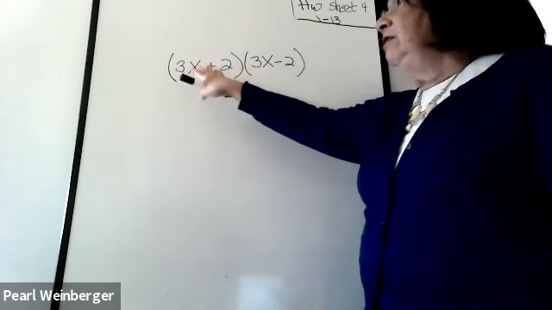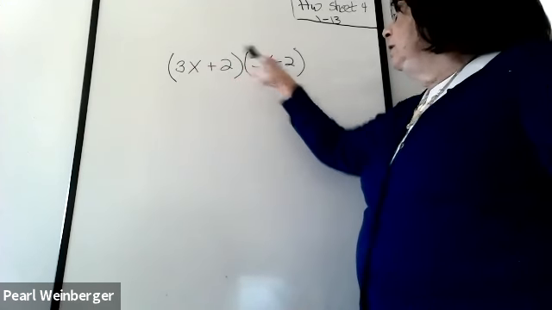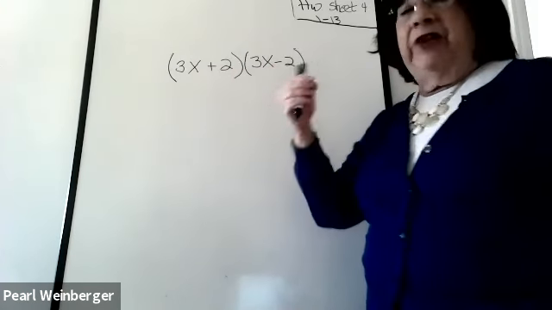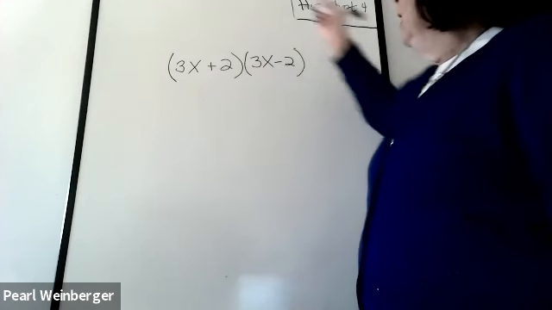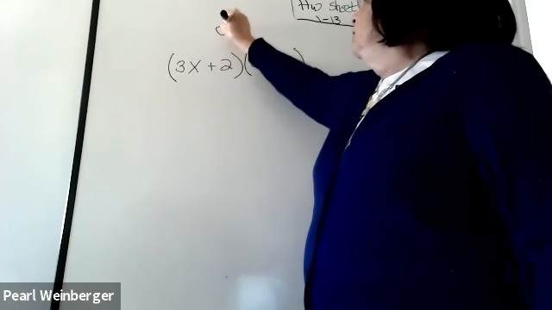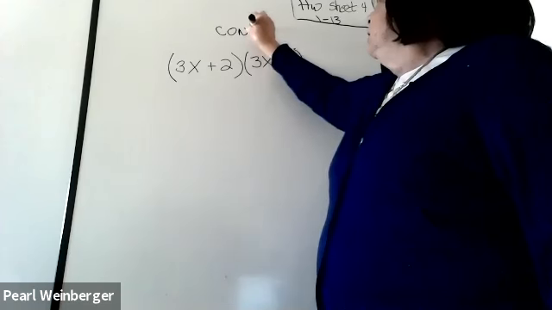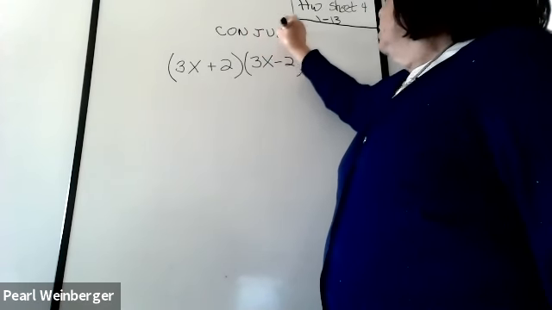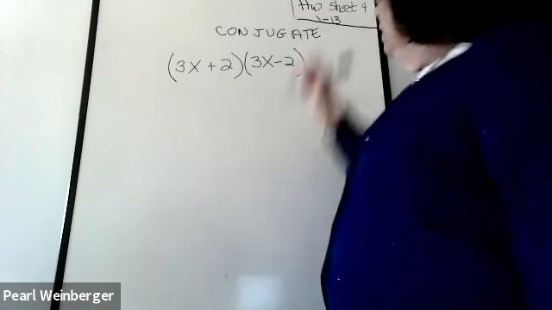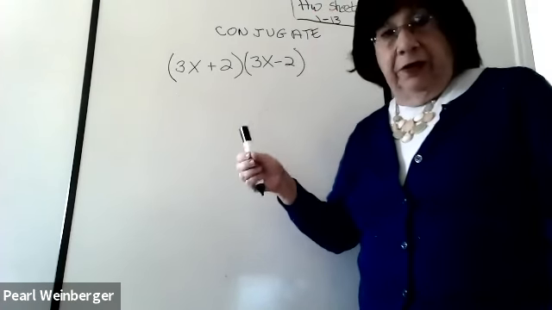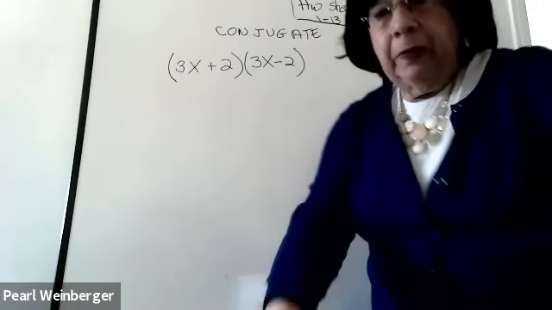They are not negatives of each other, because in order for this to be the negative, the 3x would have had to be negative as well. No, these are what we call conjugate binomials. Two binomials that are identical except for the sign between them.